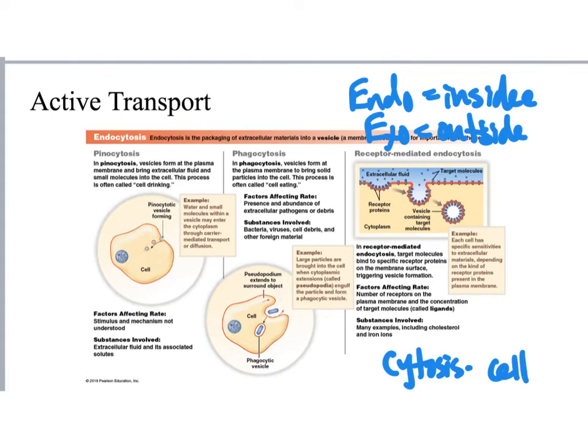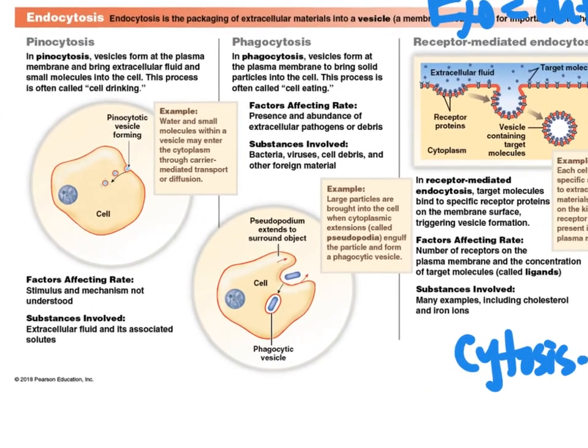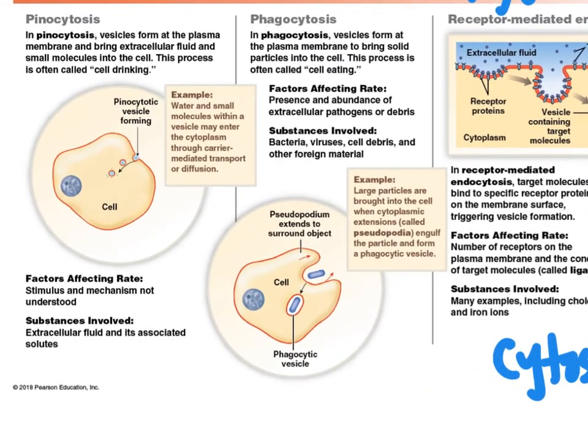So endocytosis has two primary forms. We have pinocytosis, which is basically cell drinking. So that's just the cell taking water in through a vesicle. And then we have what's called phagocytosis, which is going to be cell eating, where you're going to take not only fluid, but you're going to take in some substance.